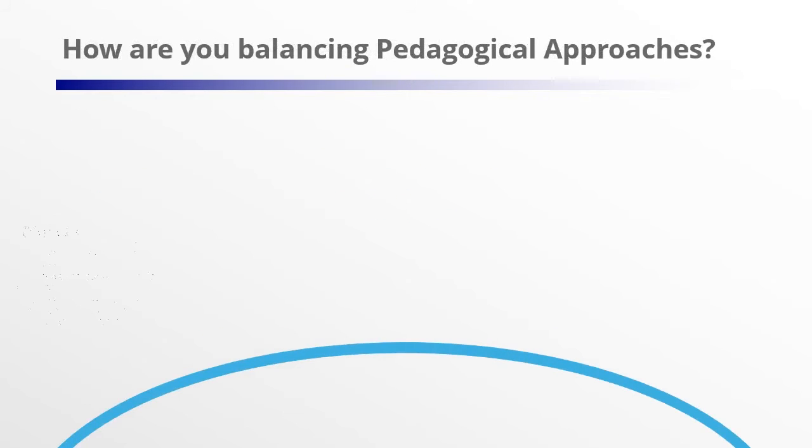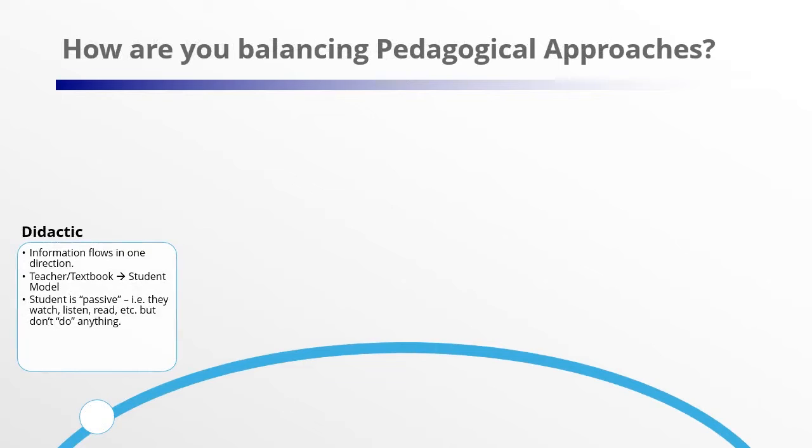So how are those approaches balanced, right? In the museum world, there are broadly four different learning models or pedagogical models that are applied. The first is didactic, right? We all know this model. This is the typical teacher-school model. It's where the visitor, the learner, is relatively passive in the process. They may read something, they may listen to something, they may watch something, but they're not necessarily actually doing stuff.